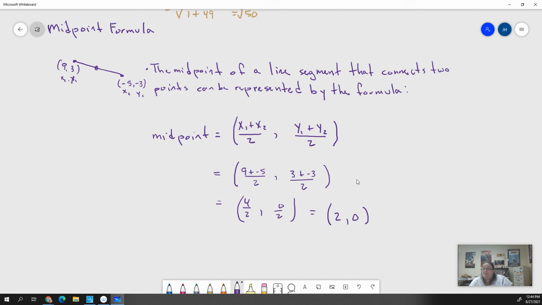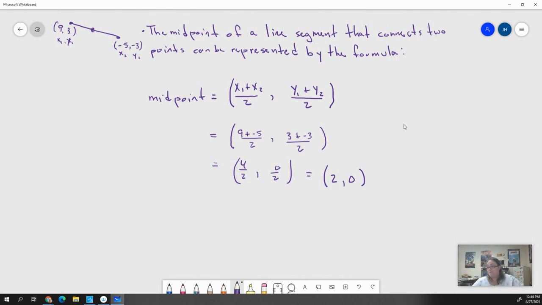So I'm going to have you guys do a point. I want you to give this one a go. I want you to hold off hitting send, but you're going to put it into the chat box. You're going to do it with points -2, 8 and 4, -10.